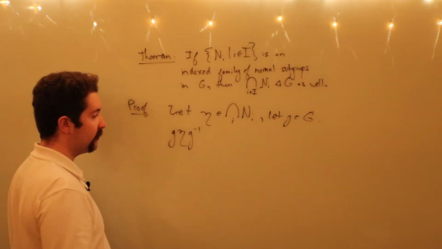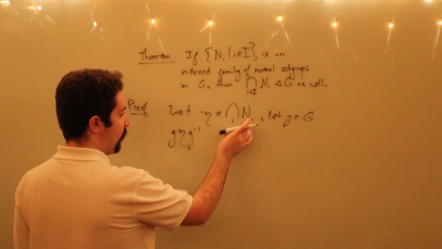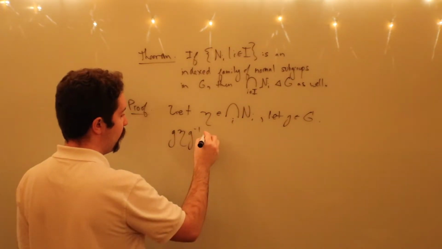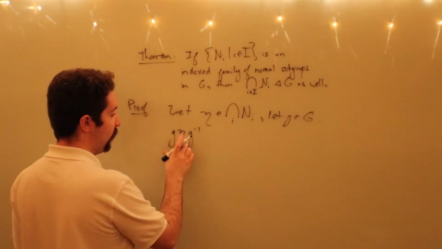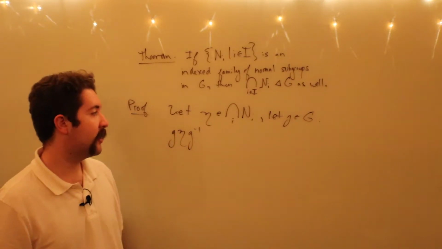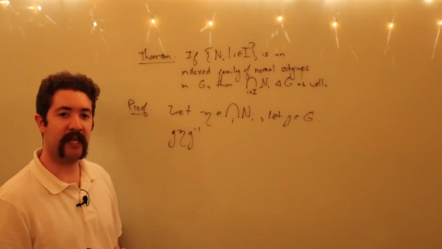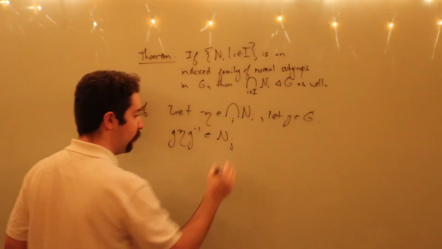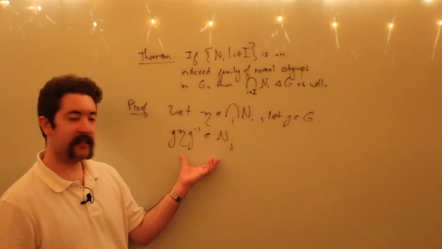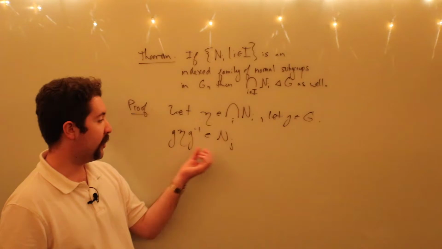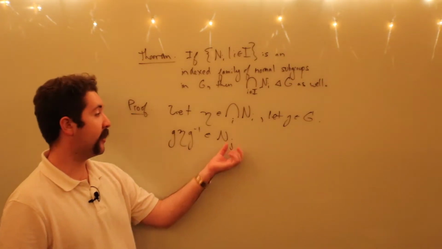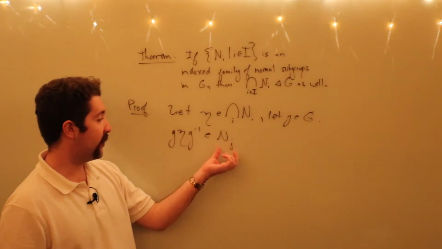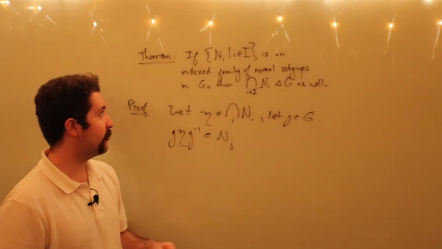And how do we know that it is? Well, let's pick an arbitrary set in this intersection, let's just call it N sub j, a normal subgroup. We know that G times eta times G inverse is going to be, by definition, in N sub j. Why is this true? Because eta must be in N sub j in order to be in the intersection, and we know that this is normal in G. That's one of our suppositions here.